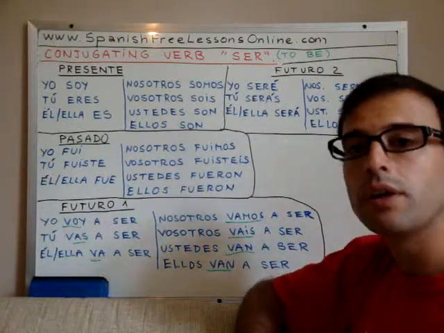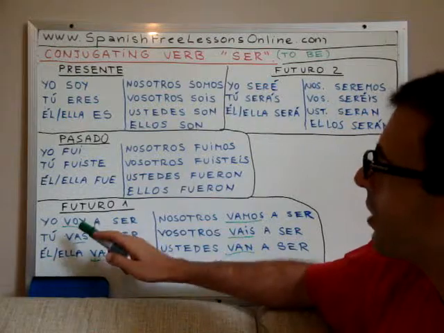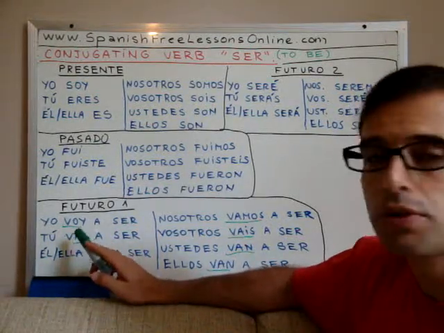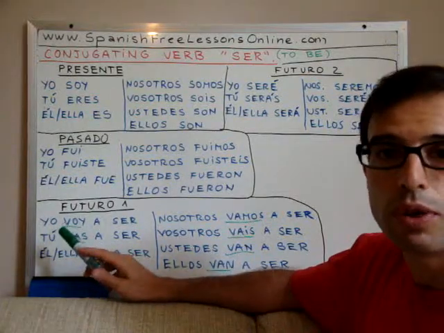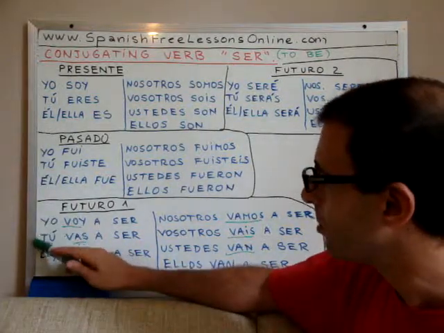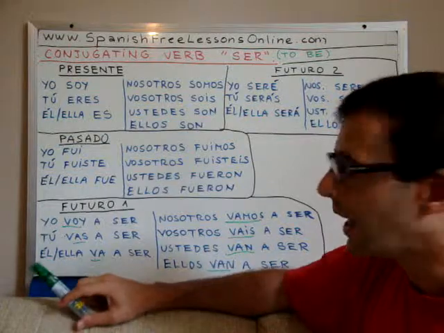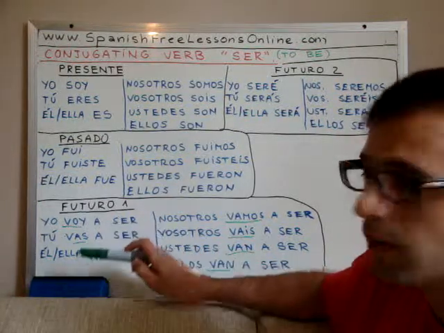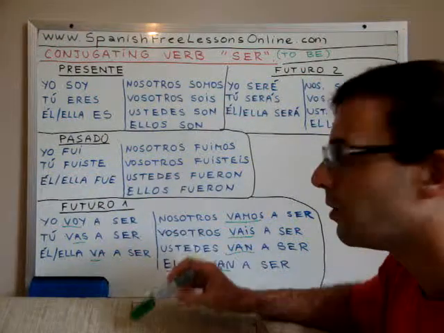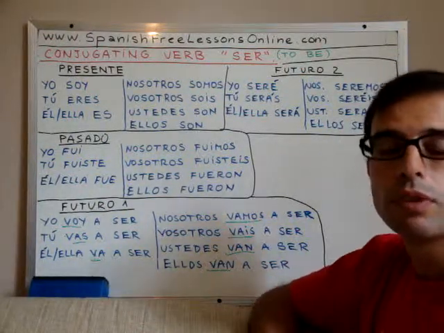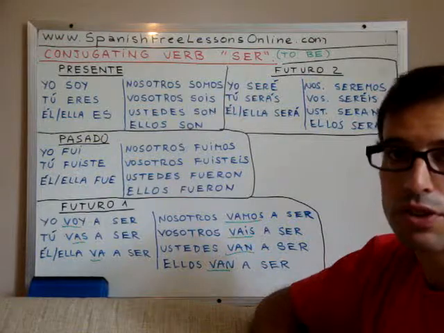I will go, right? In Spanish, you can build a future tense with the verb to go, conjugated into the right person, and then the word a, that means to, and the verb in infinitive, okay? So this is the most similar way to the future tense in English that we have.